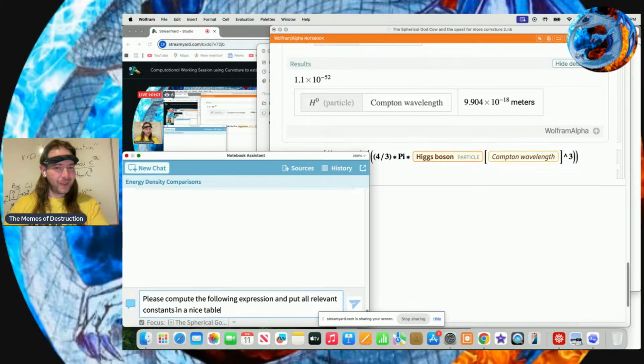Constants, put constants and the result in a nice labeled table.